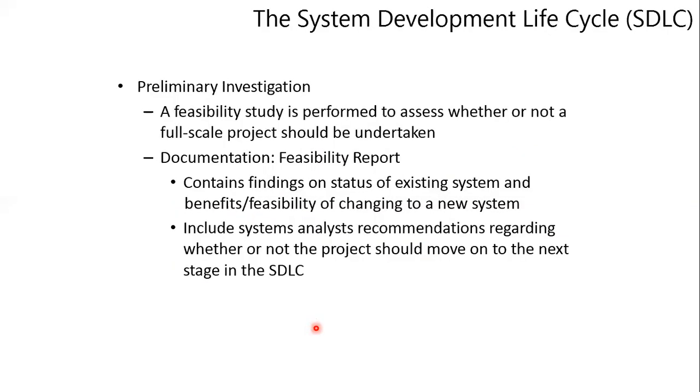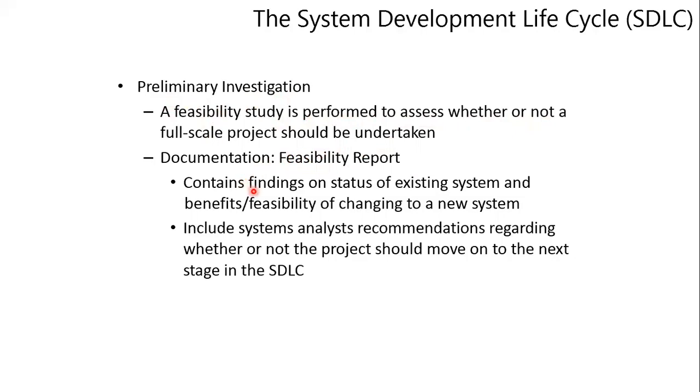So preliminary investigation. What happens in the preliminary investigation? A feasibility study is performed to assess whether or not a full-scale project should be undertaken. Documentation: you have a feasibility report after the preliminary analysis, stating whether the project is possible, what possibilities and alternatives we have.